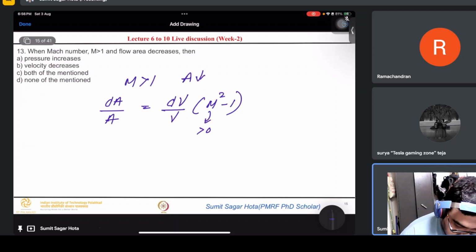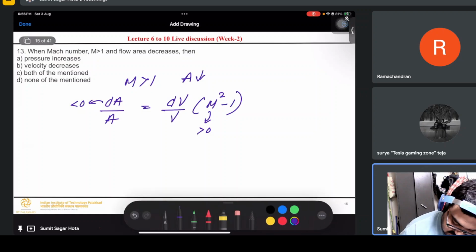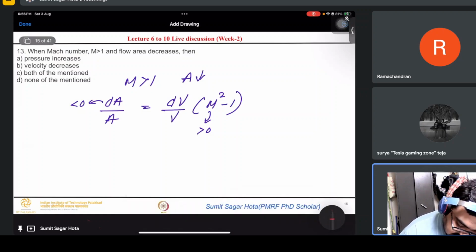And they are telling the area decreases, that means dA by A is negative. M squared is positive, so this whole term is going to be greater than or equal to 0.